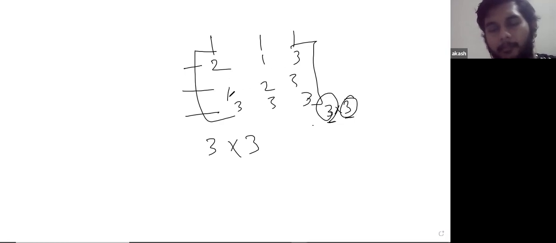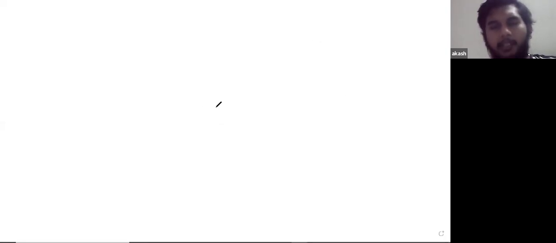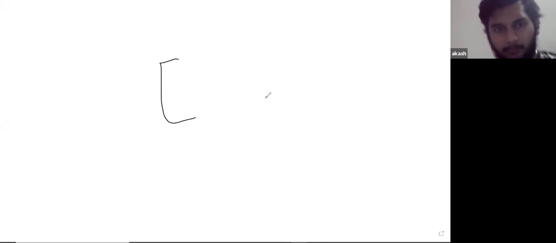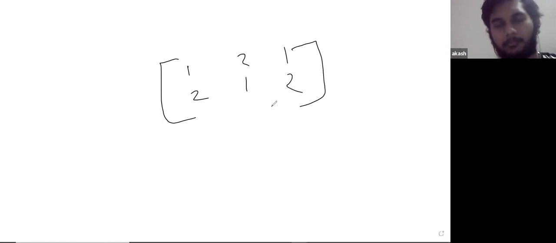So this is a matrix. It doesn't have any value. This is just a way to represent numbers, how the numbers are represented. It can be of any order like this: it has 2 rows and 3 columns.